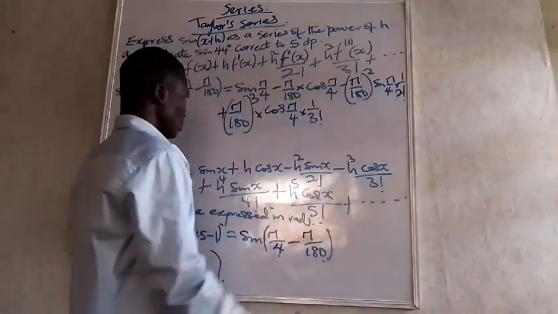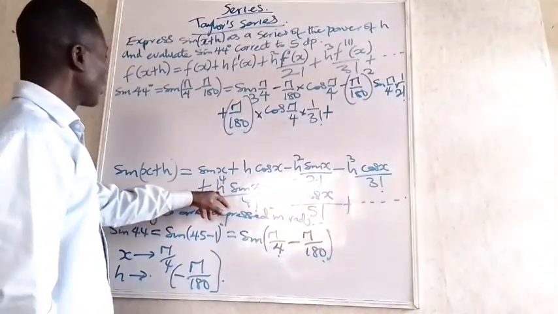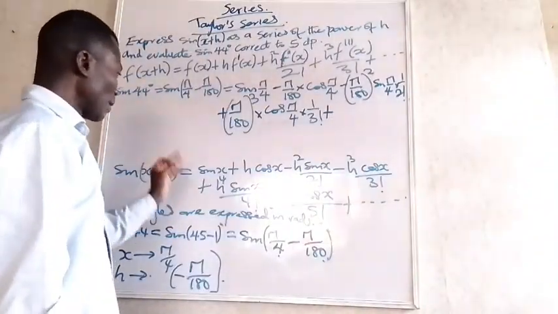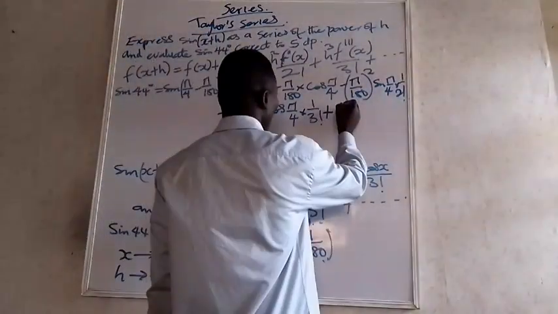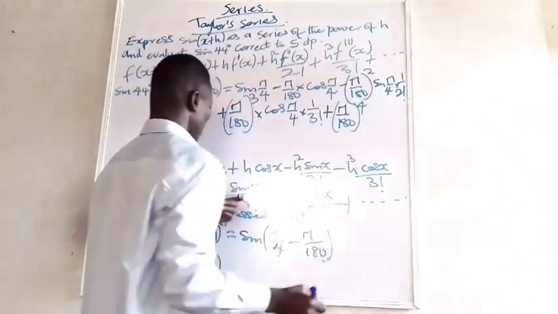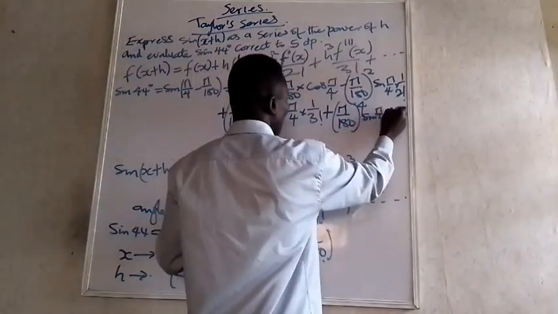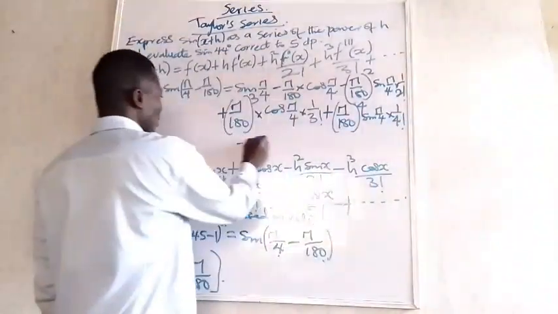Let's do the next one. Minus pi over 180 raised to power 4 is going to give me positive, so plus pi over 180 all raised to power 4 sin pi over 4 times 1 over 4 factorial. I think from there I can stop.